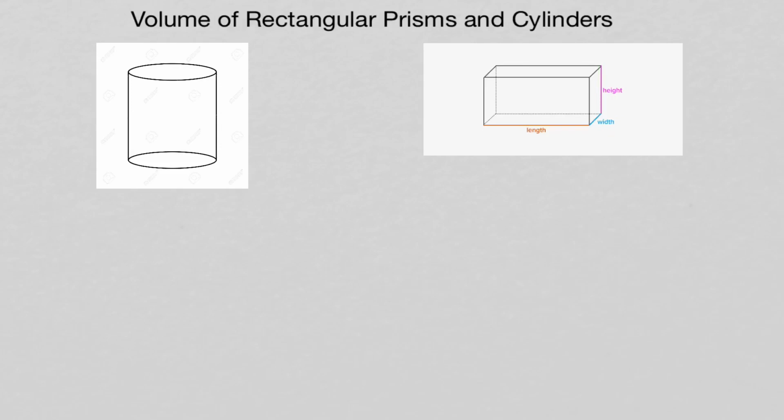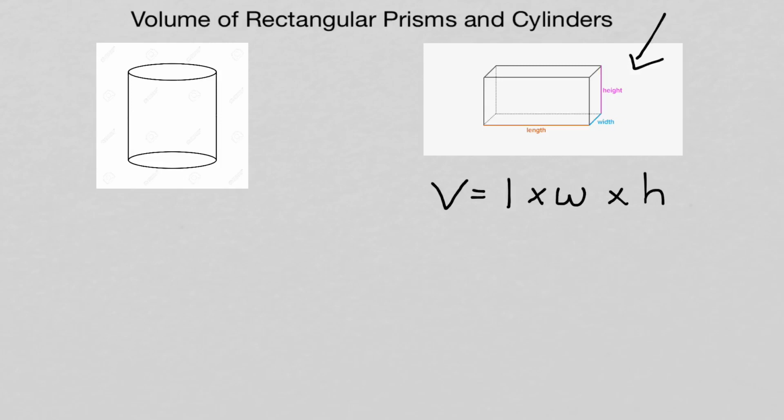Just as a quick review, the volume of a rectangular prism, which looks like this. A rectangular prism can also be like a cube. The volume of a rectangular prism is just length times width times height.